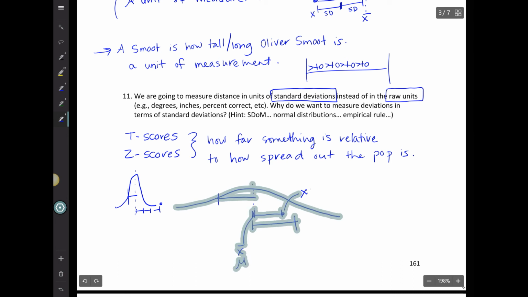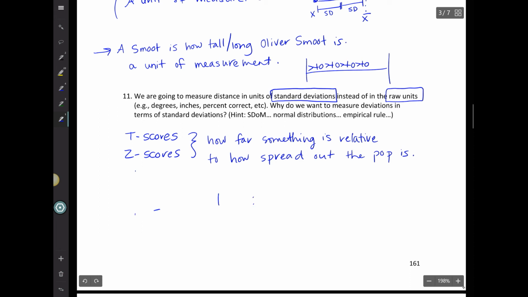So not like one of these really flat or really skinny curves, but generally a nice normal shape for our SDOMs. What is an SDOM again? That is the sampling distribution of means.